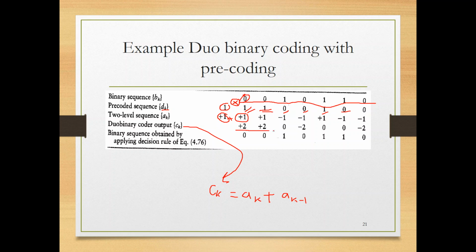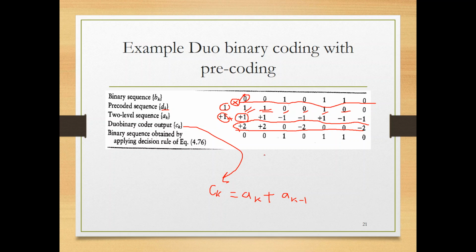Now I tell you, decode this sequence. I might not bring the whole equation as you can see here. In multiple choice, I can give you this, for example, this sequence. I tell you this is CK. This is the output of dual binary signaling, and assume we are using precoding. What were the transmitted sequence bits?